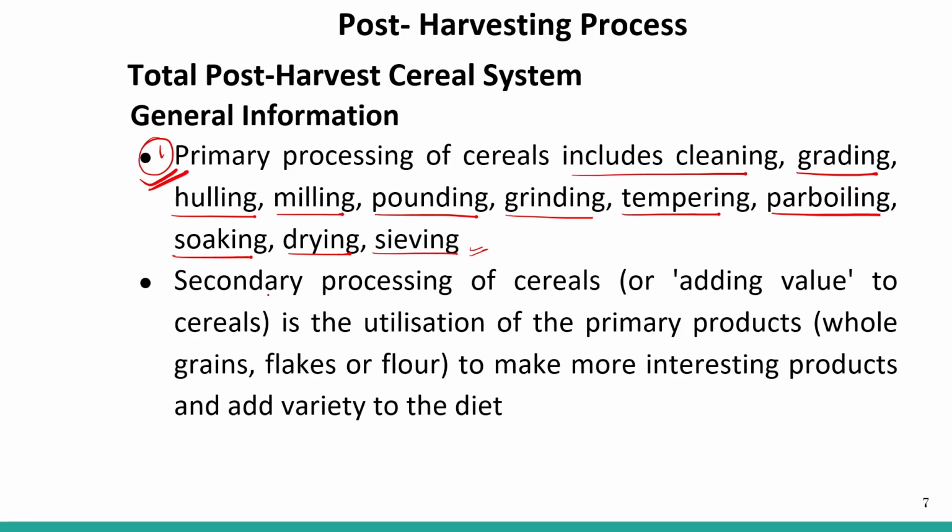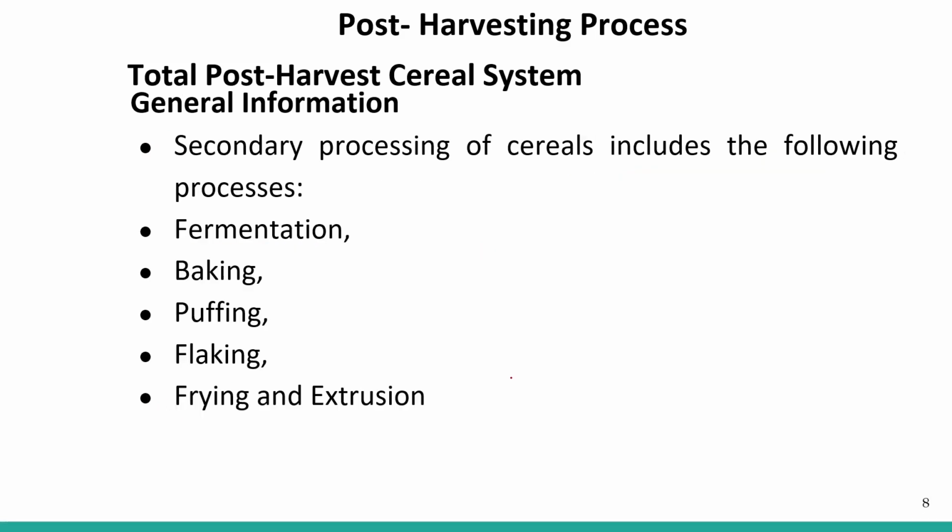Next comes the secondary processing. Secondary processing of cereal, or adding value to the cereal, is the utilization of the primary products, that is whole grain, flakes or flour, to make more interesting products and add variety to the diet.